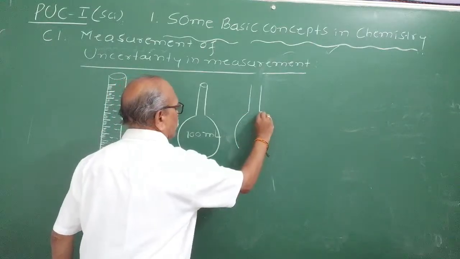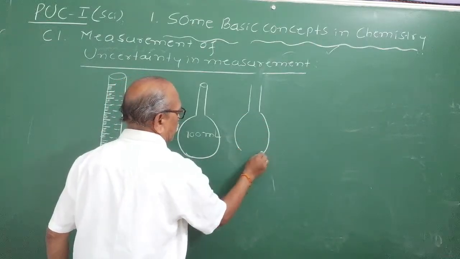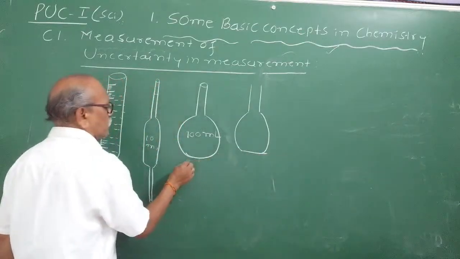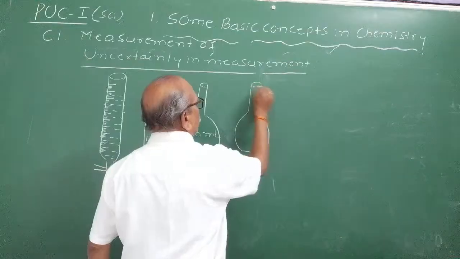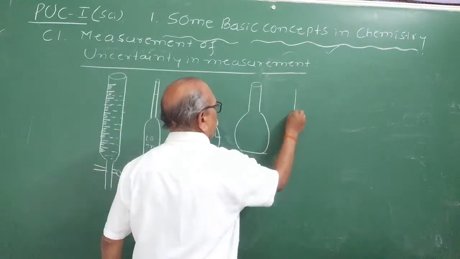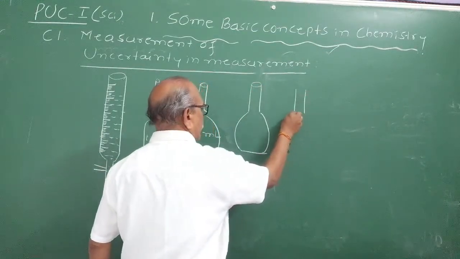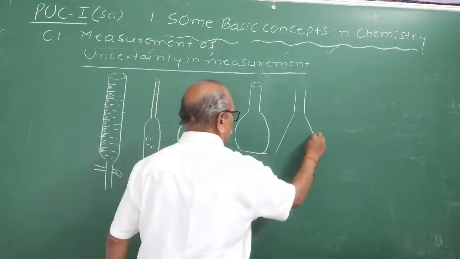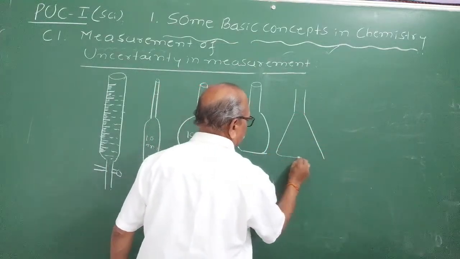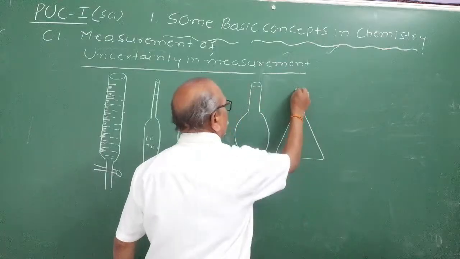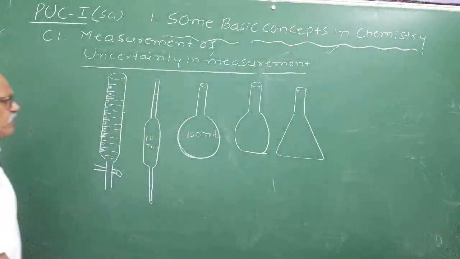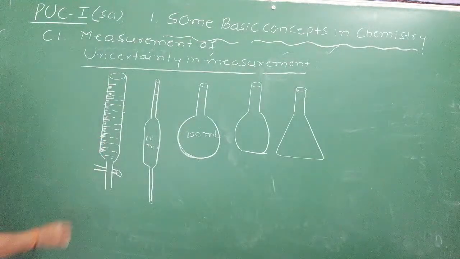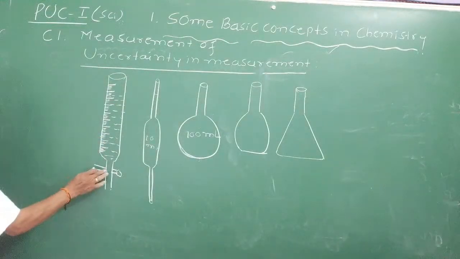Some flask will be like this. You can put it on the table. And there is another equipment you are using in the laboratory. In the laboratory, you are measuring with a physical balance or analytical balance. You are using it for experiments shortly in the laboratory.